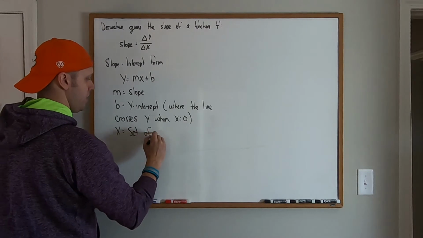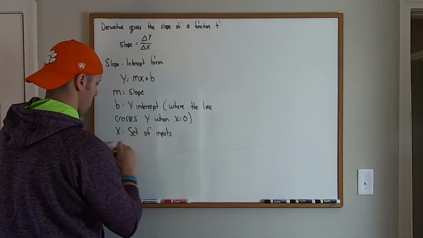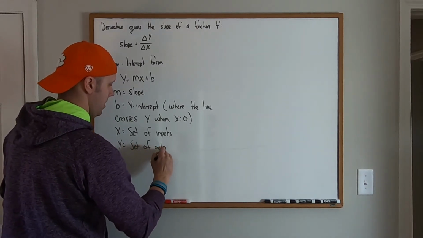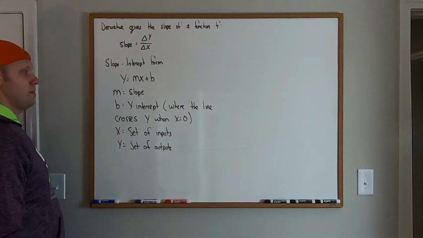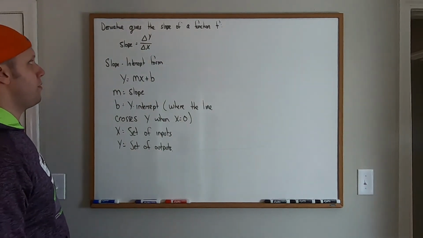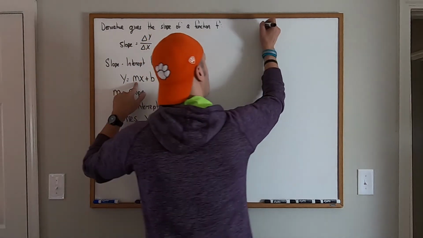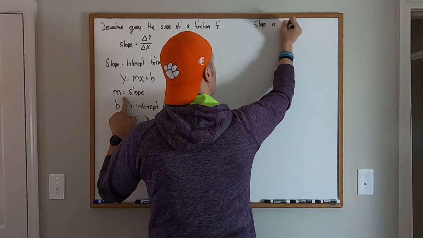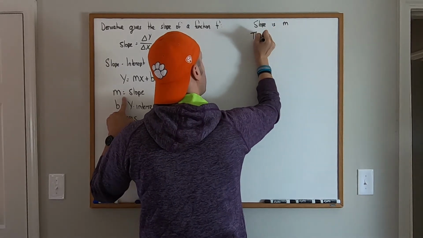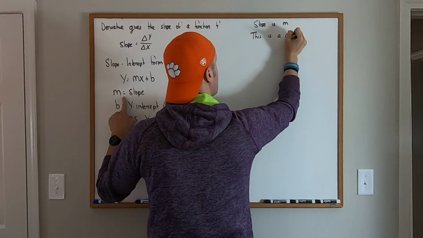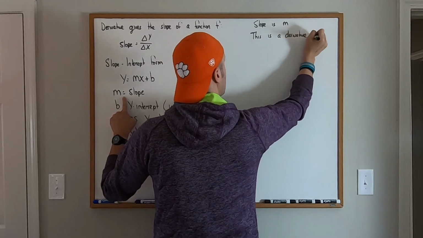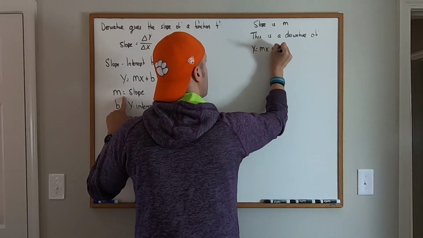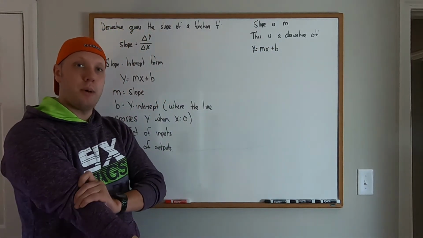X is the set of inputs. And y would be the set of outputs. Right, well, from slope-intercept form, we wanted the slope, well, it's m. It's the derivative of y equals mx plus b.